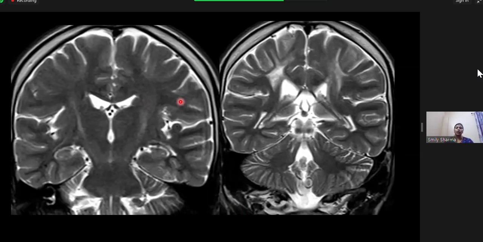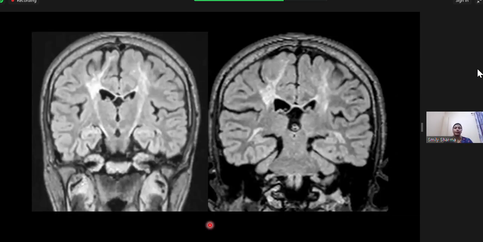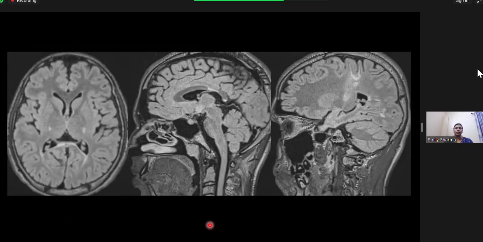Then on coronal images, we see the characteristic involvement of the corticospinal tract and also the presence of white matter hyperintensities along the central white matter.